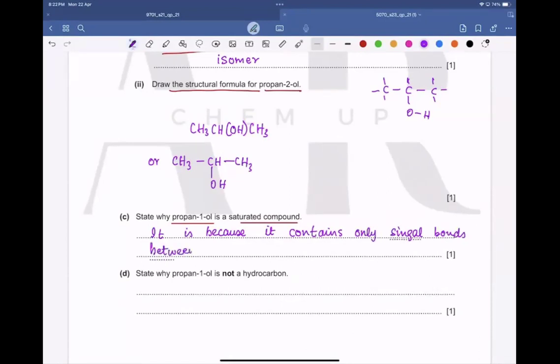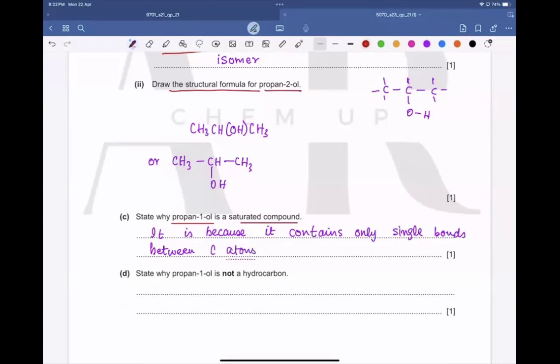You have to mention that, not just write single bonds. Yes, Zaid, it's more appropriate to mention the single bonds between carbon atoms, okay? It is because it contains only single bonds between carbon atoms.